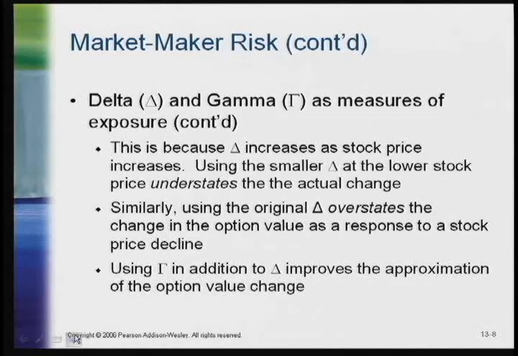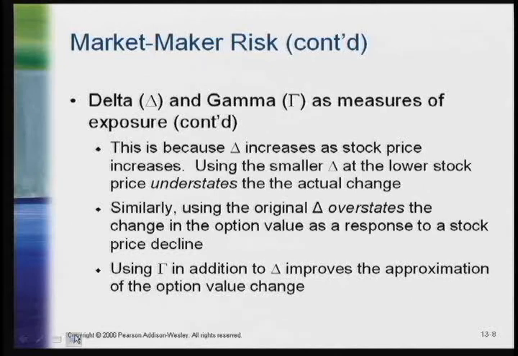Gamma reflects the change in delta. And what we would observe if we look carefully at that graph, because of its convexity, is the fact that when stock prices move, delta changes. If you look at it from the call position of the buyer, where it's now an increasing curve, you'll note that the slope of that curve increases when stock prices go up, and it decreases when stock prices go down.